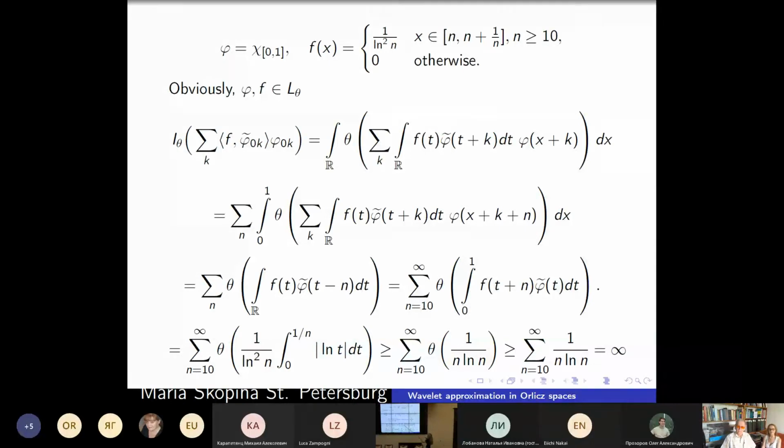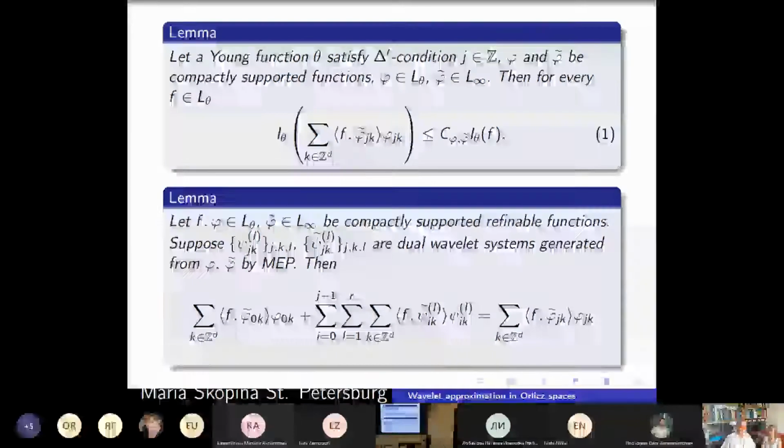It's just possible to compute, and phi is just the characteristic function of 0, 1, and f is given like this, and we have infinity. So there is no analog, but because of this, we considered phi tilde in L infinity, and in this case we have this inequality.